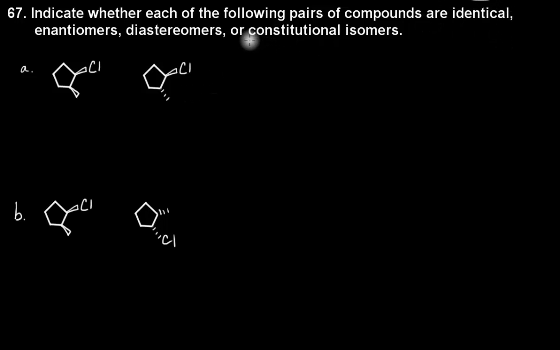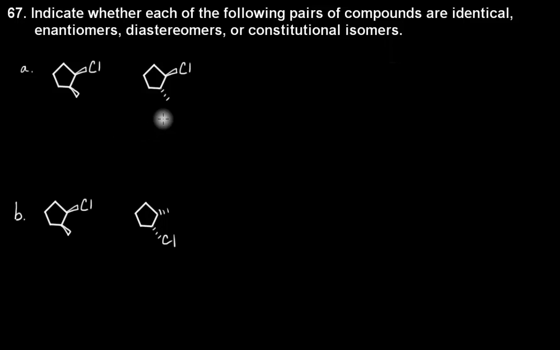And because they have the chlorine and the methyls attached to the same carbons along the five-membered ring, they're not going to be constitutional isomers, because you have to think back to the definition of constitutional isomer. That means you have atoms attached at different positions along the ring.